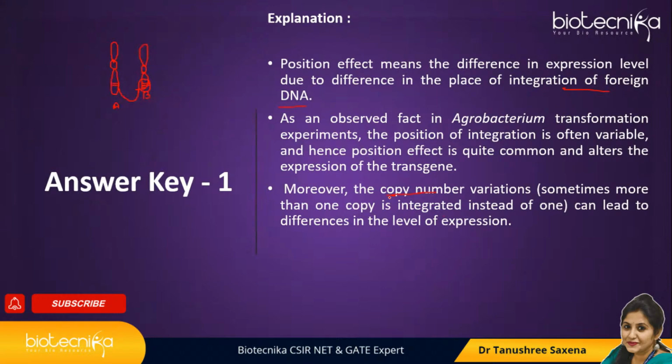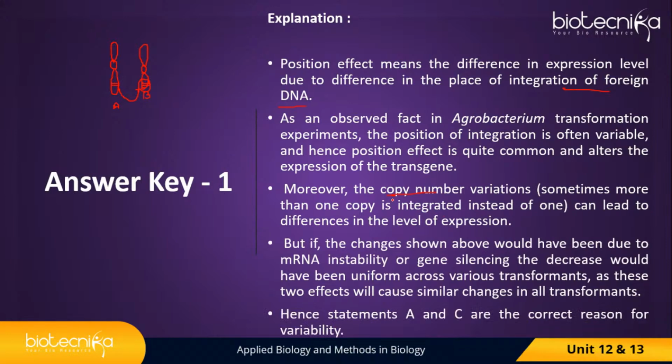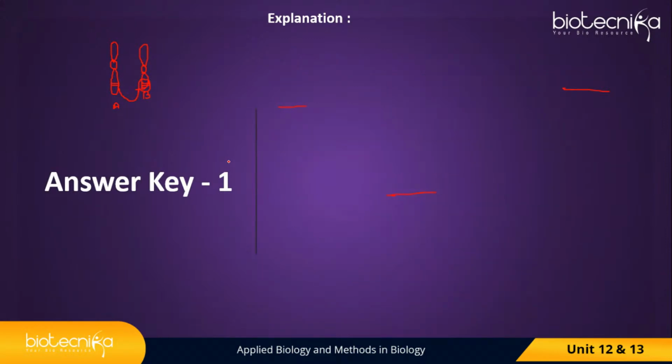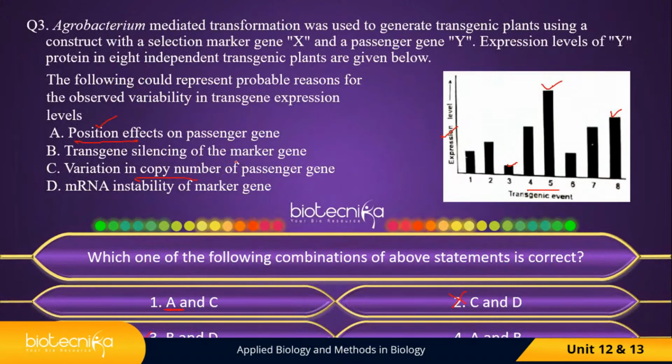So position effect and copy number play a very important role, and this is the reason statements A and C are correct. Now, if you see the other two options, which are about transgene silencing and messenger RNA instability, they are about the marker gene and not the passenger gene.